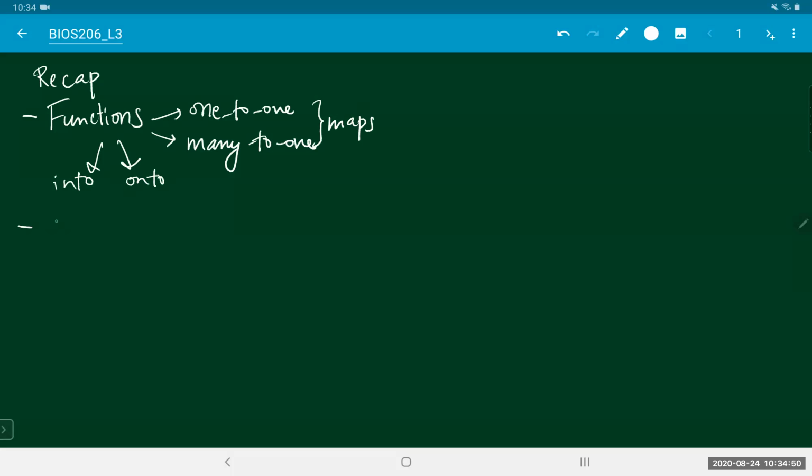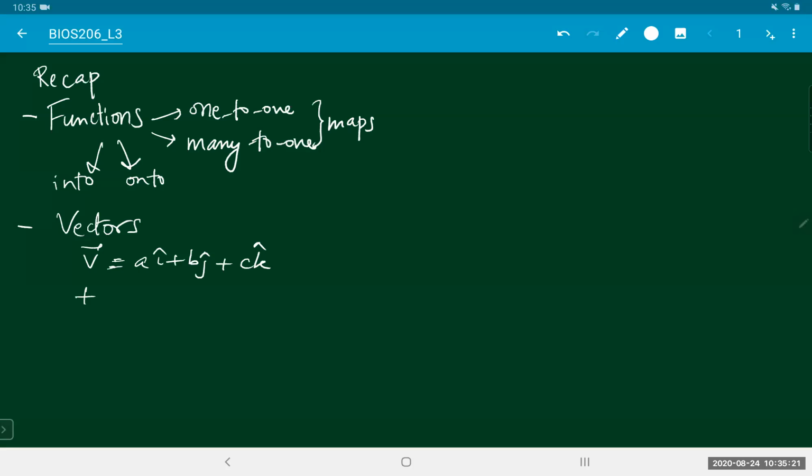Then we went on to a discussion about vectors in 2 dimensions or 3 dimensions. So you can write a vector in general as ai plus bj plus ck, where i, j, and k are unit vectors along the x, y, and z axes, and a, b, and c are the 3 components of the vector along each of those directions.